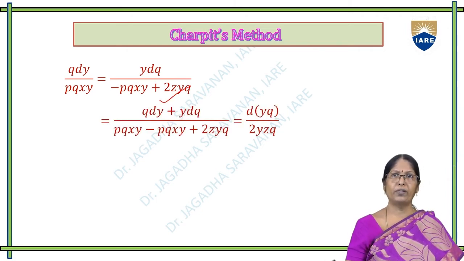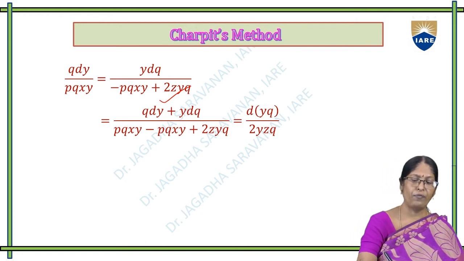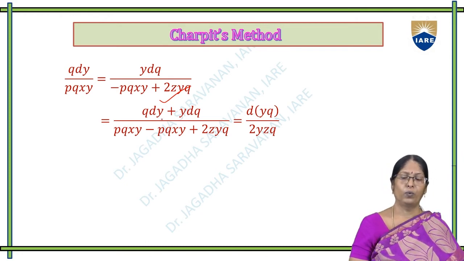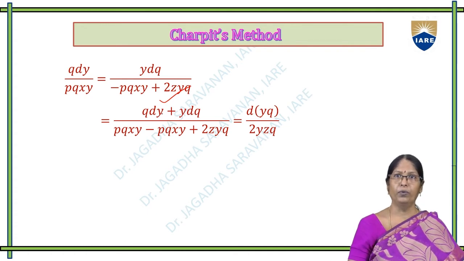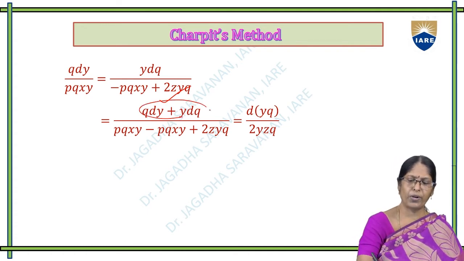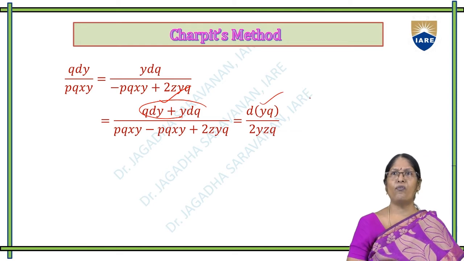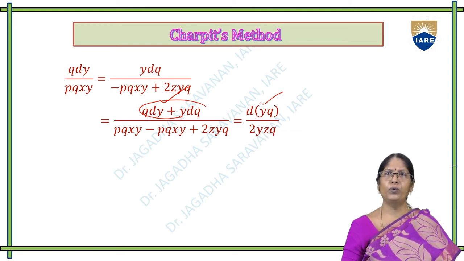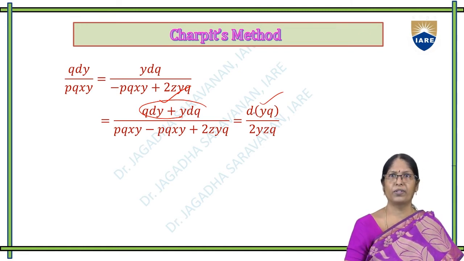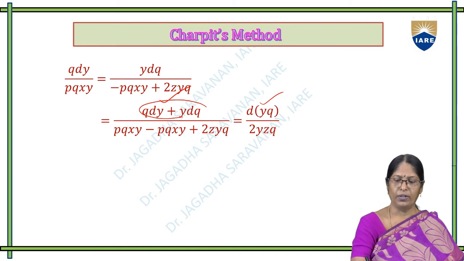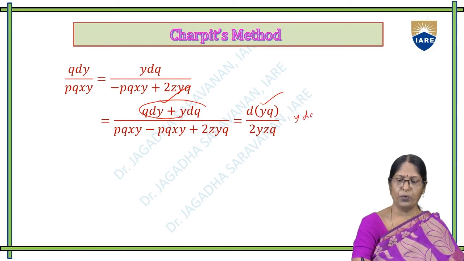Now the numerator we will add. After adding, we got q dy plus y dq. This we can express as d of yq. We will do the differentiation, that is y dq plus q dy.